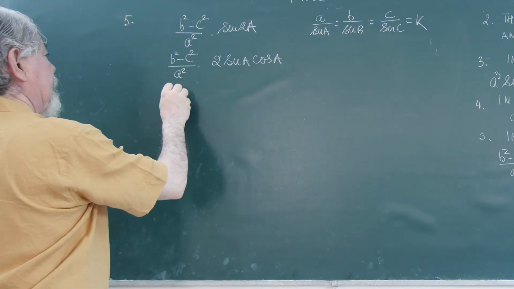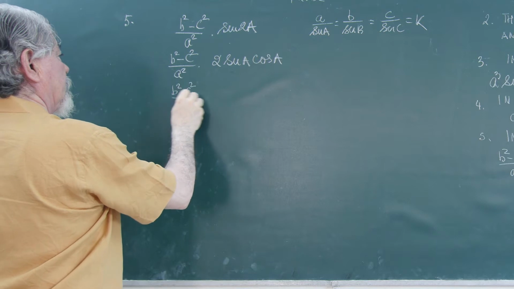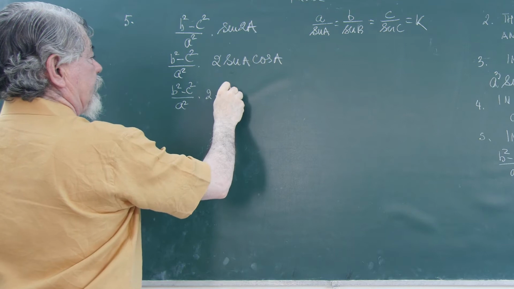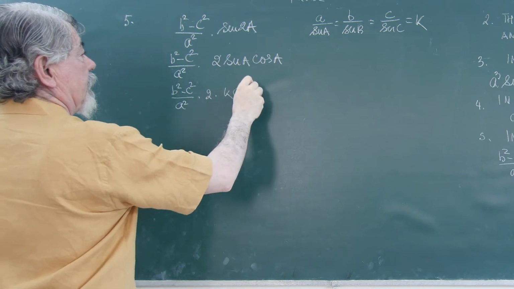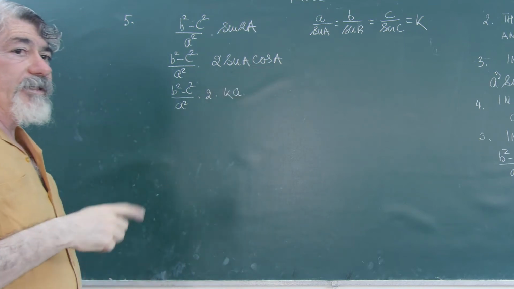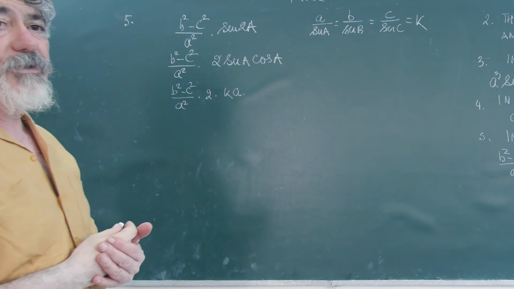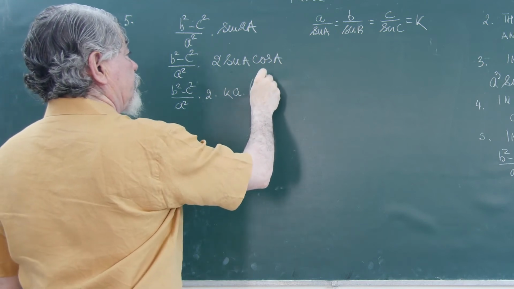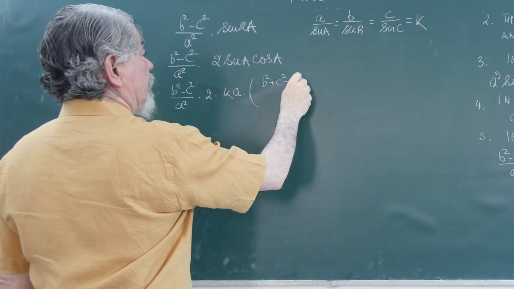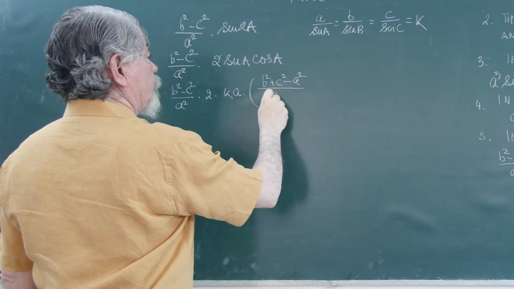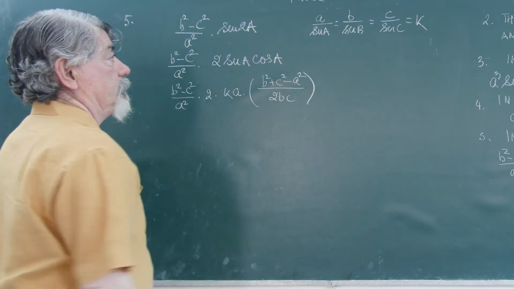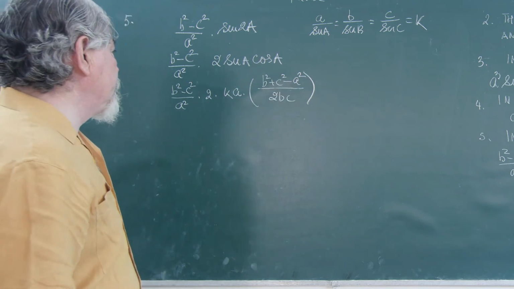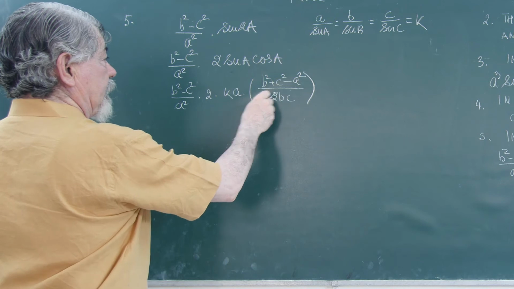So 2 sine A can be written as k into a, and then cos A. Now I have to write cos A using the cosine formula: cos A is b square plus c square minus a square upon 2bc. Now 2 will cancel here.